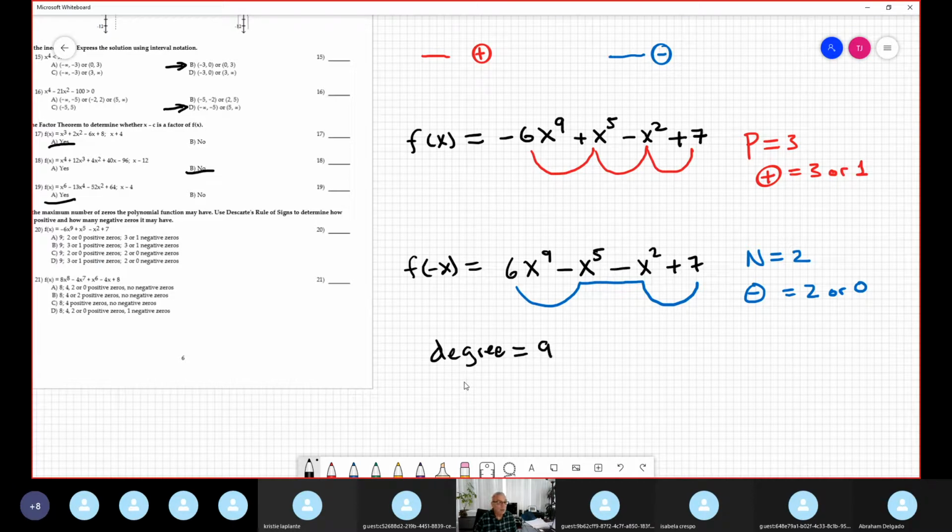The number of positive is 3 or 1, and the number of negative is 2 or 0. So 3 or 1 positive, and 2 or 0 negative.